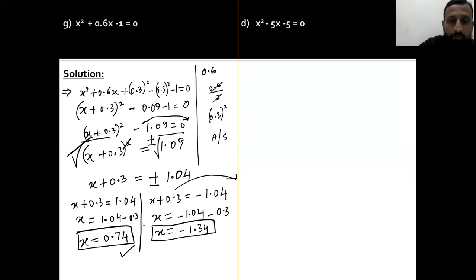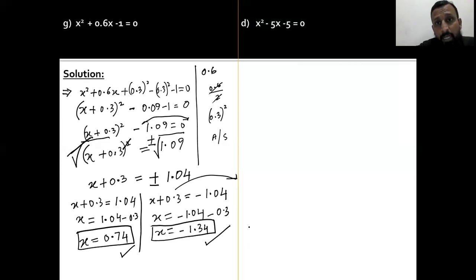Minus 1.34, again correct to two decimal places. So boys and girls, so this is so simple. I'm sure you are able to get a clear concept of it. But once again, do reflect it in your notebook. Inshallah, your concept will be crystal clear.